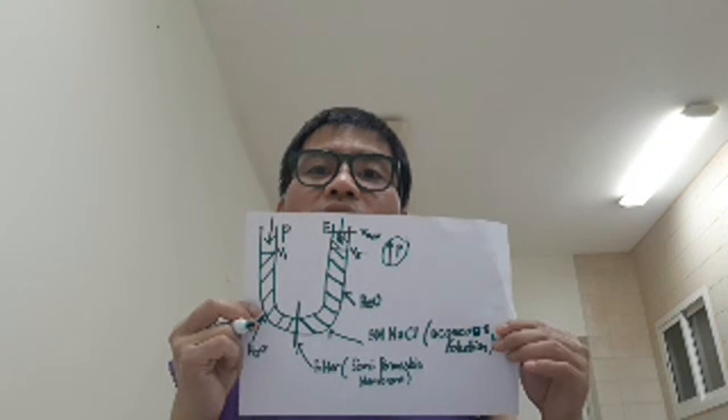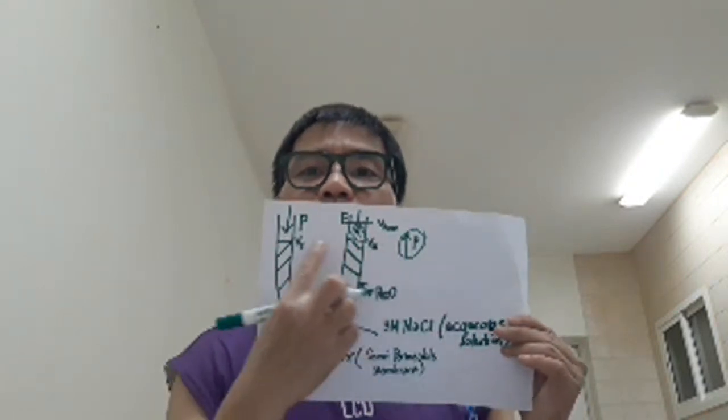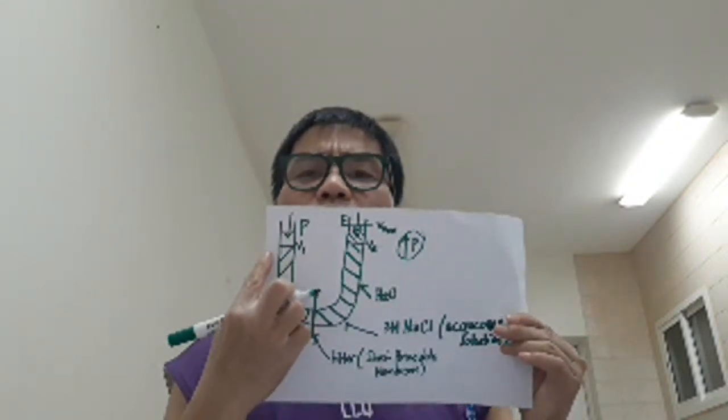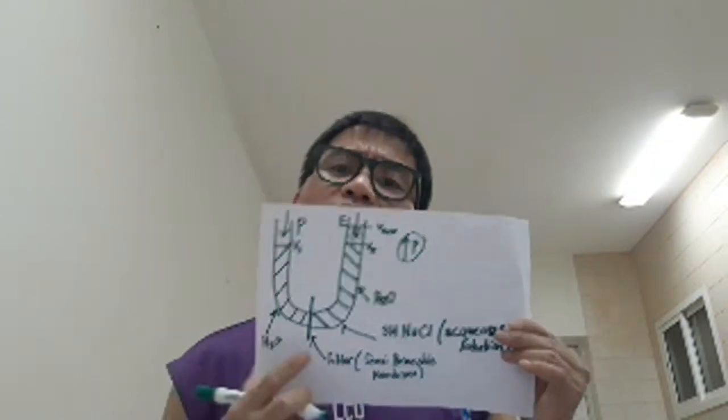The volume will decrease, and then the volume here will equalize too. Volume 2 equals volume 1. If it is equalized already, now this is an ideal solution, ideal gas solution. So what is our formula for an ideal gas solution?